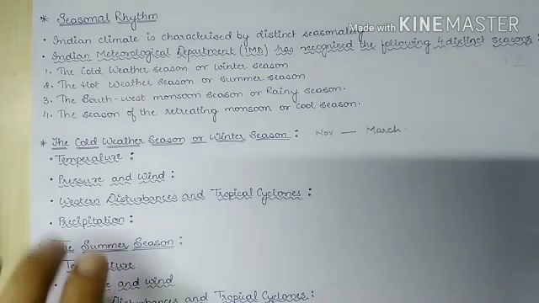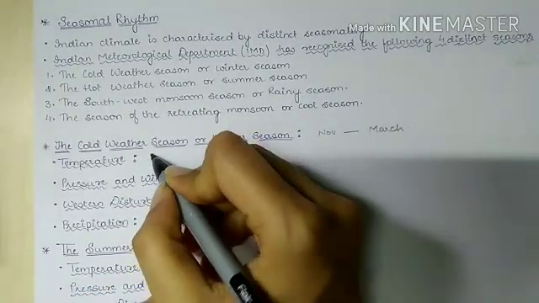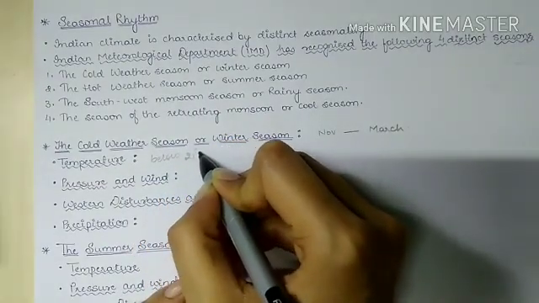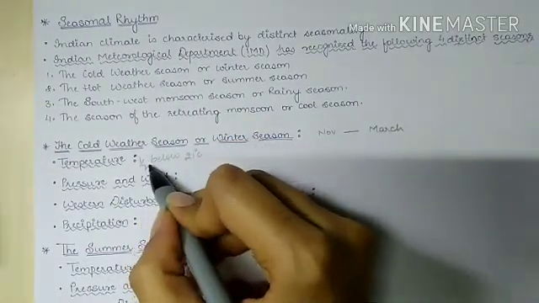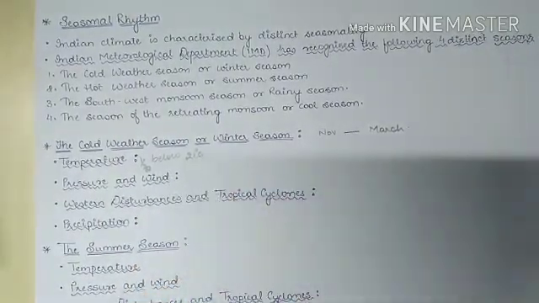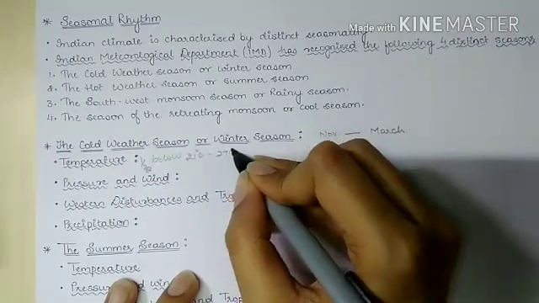Now, if we talk about the temperature of the cold weather season, then in the northern area, one third of the country has a mean temperature below 21 degrees Celsius. But in the afternoon, the temperature goes up to 27 degrees Celsius.